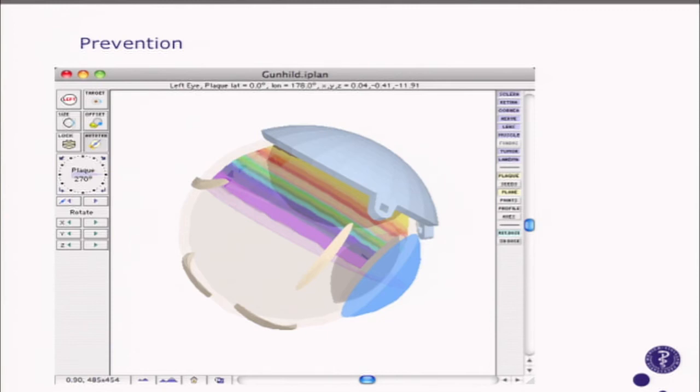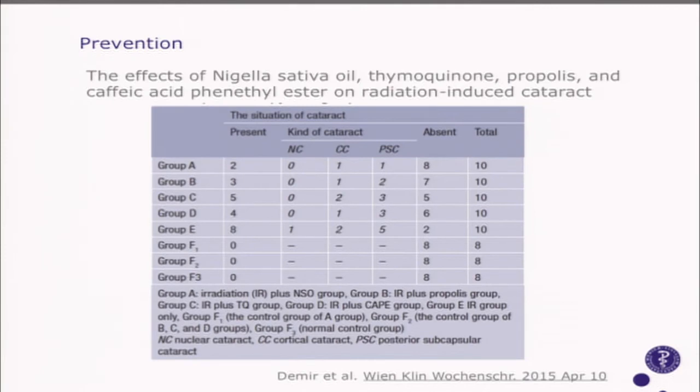We heard about different nuclides and different plaque designs, but we need some software in order to know how to plan this to avoid radiation of the lens. And this paper showed that you can actually give medicine that should prevent formation of cataracts. This is a randomized study.